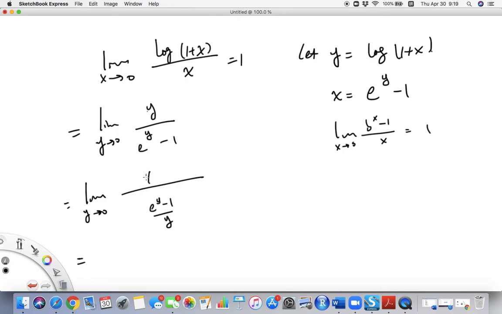Because the limit of the numerator exists because it's constant, and the limit of the denominator also exists because of the previous problem, so we can write this as 1 over the limit as y goes to 0 of (e to the y minus 1) over y. Okay, so this is equal to 1, so that's 1.